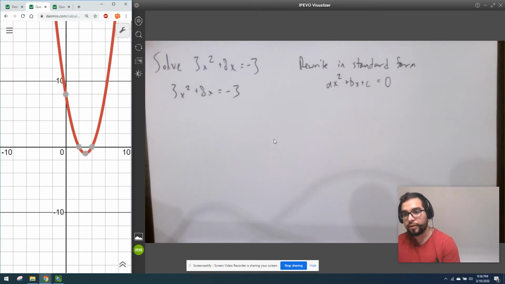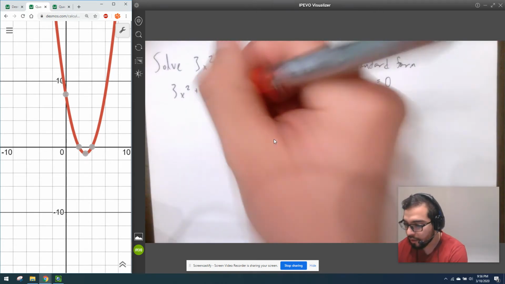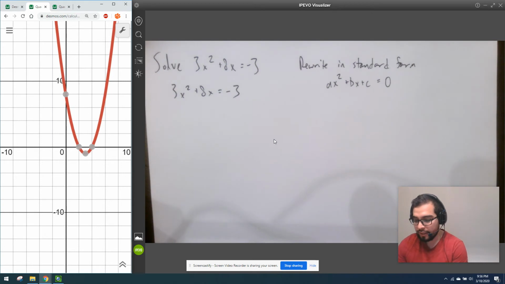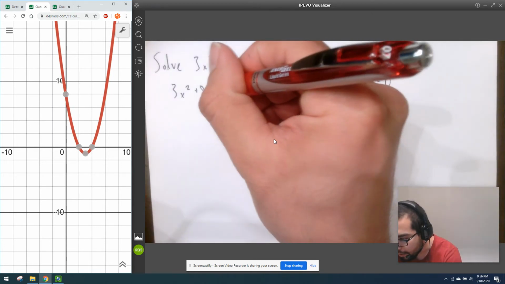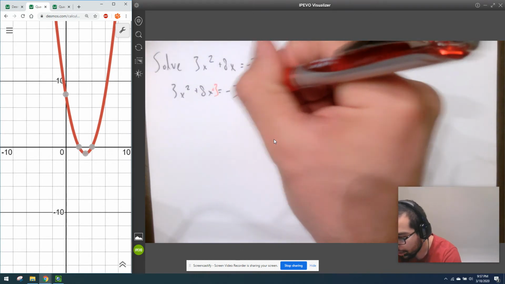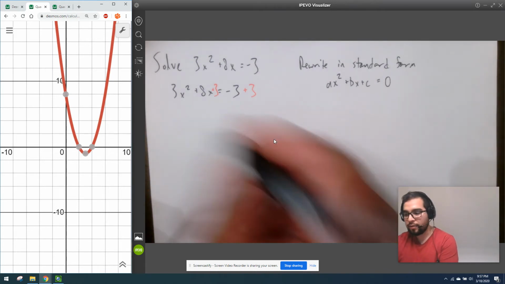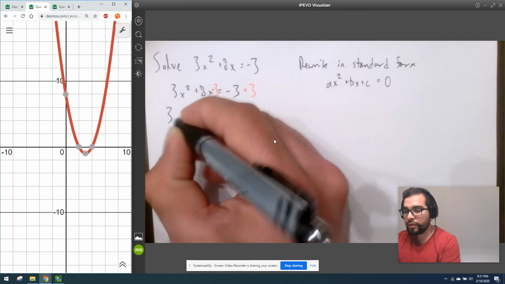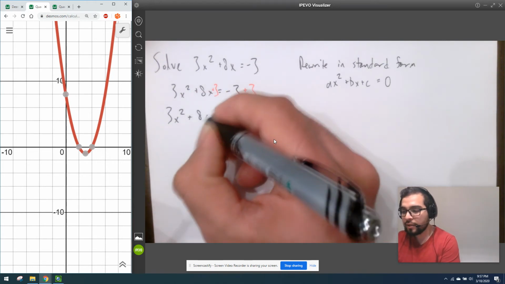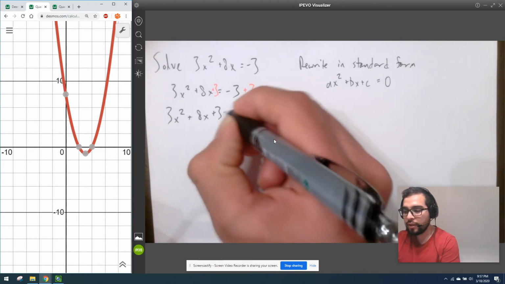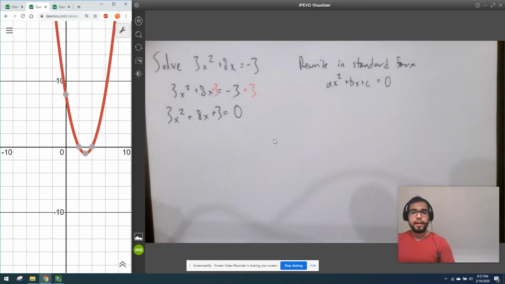So I have to add 3 here, add 3 there. I didn't leave any room to add 3. If we take a look at my 3's on the right, those cancel, right? That's a 0 pair, leaving me with 3x squared plus 8x plus 3 is equal to 0. Now it's in standard form.